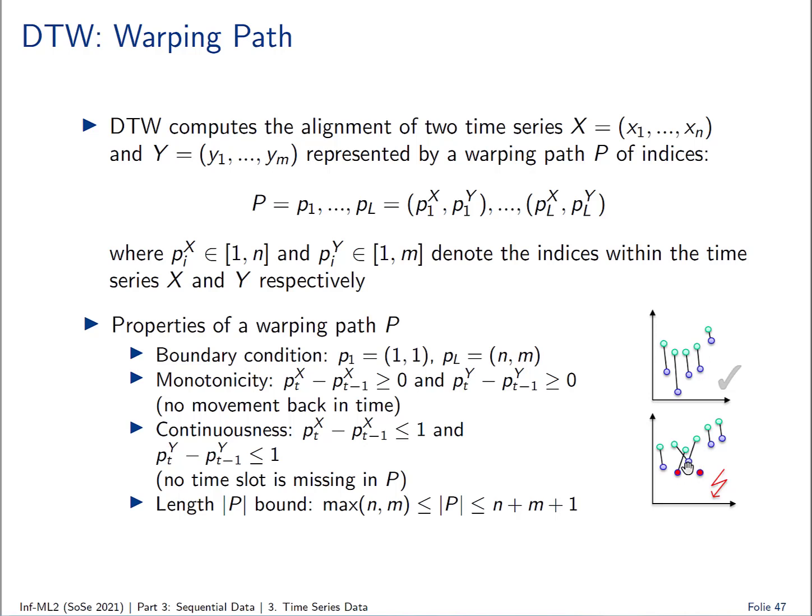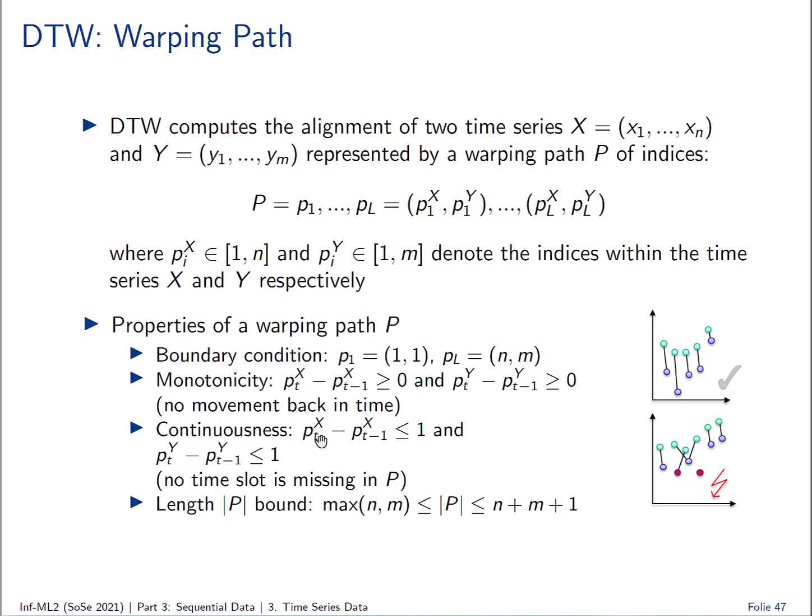So this would be a violation of the monotonicity criterion in the blue time series, or the other way around, that would be a monotonicity fault in the green one, of course. So there is no movement back in time in this warping path here. So both of these indices can only stay where they are or move upwards, but cannot decrease actually. They can only increase or stay the same.